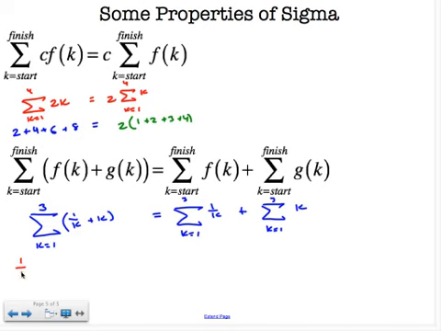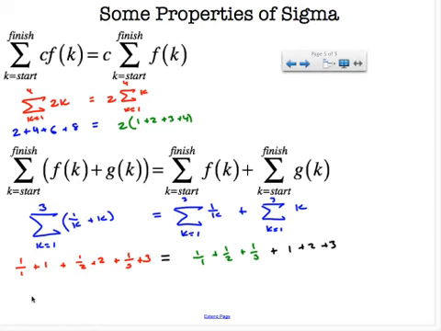So when k is 1, you would have 1 over 1 plus 1. Then when k is 2, you'd have a half plus 2. And when k is 3, you'd have a third plus 3. If you evaluate these on the right side separately, you'll have 1 over 1 plus 1 over 2 plus 1 over 3. That comes from the first one. And then the second one would be 1 plus 2 plus 3. And if you just rearrange the terms, they would be equivalent.